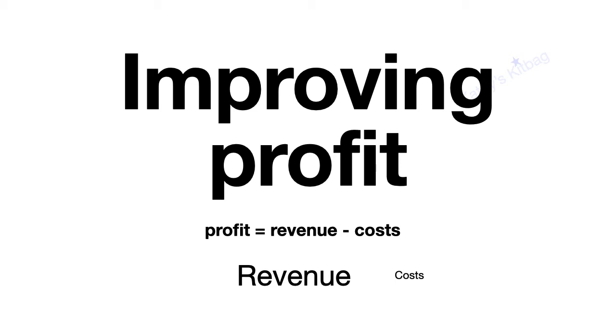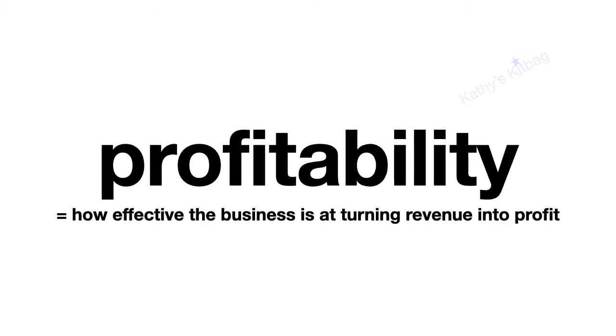So some complications, but hopefully we know all that, and that's pretty straightforward so far. So why is profitability different? Or is it? So profitability looks at how effective the business is at turning the revenue it's got coming into the business into profit.